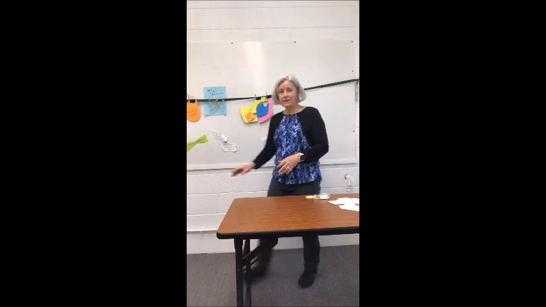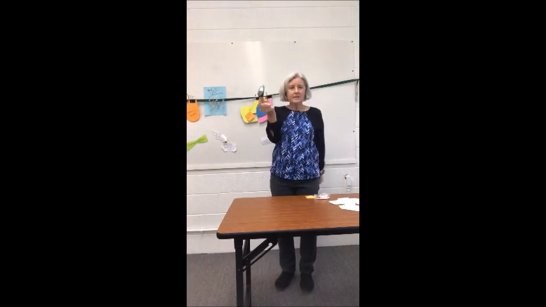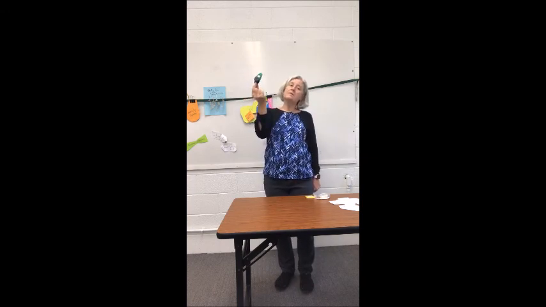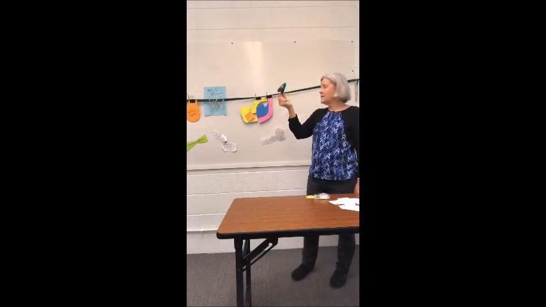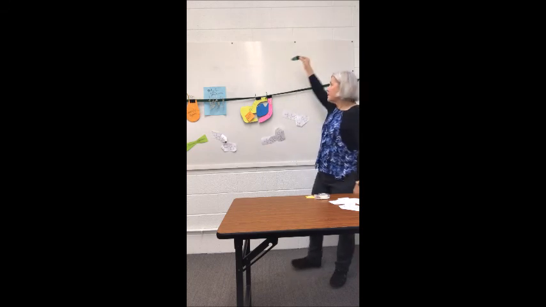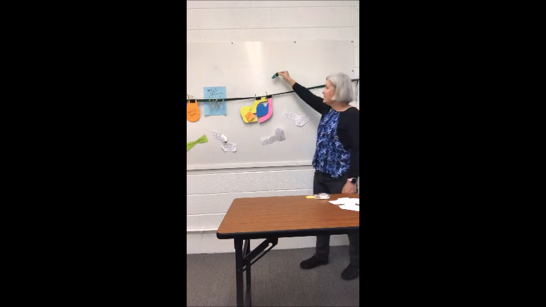So we have a clip right here. This clip is going to represent our signaling molecule. We'll use adrenaline as our signaling molecule. Adrenaline does activate G proteins very effectively, and so our adrenaline is secreted from the adrenal gland.